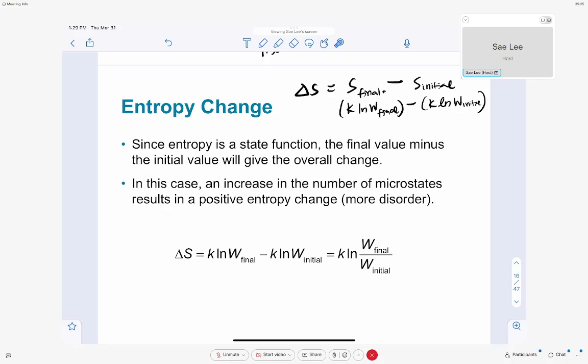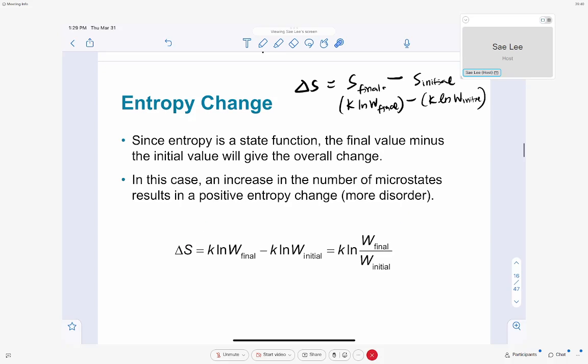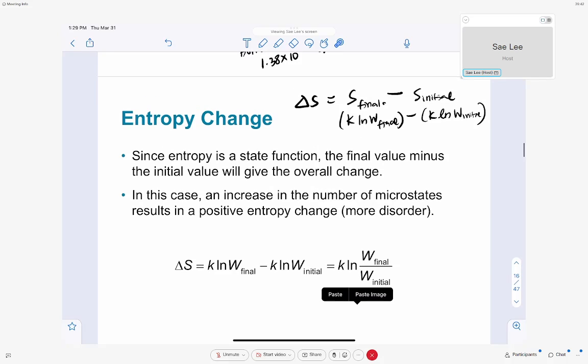This math also explains why increasing the number of microstates results in an increase in overall entropy. If the final entropy is larger, then the change in entropy will be positive, which indicates an overall increase in entropy.